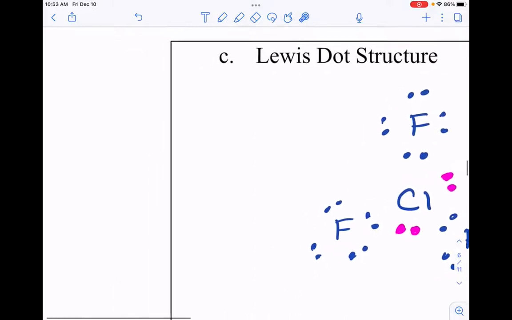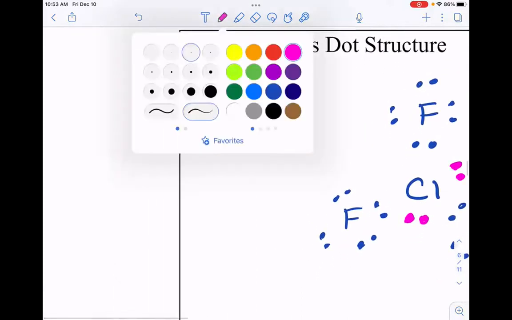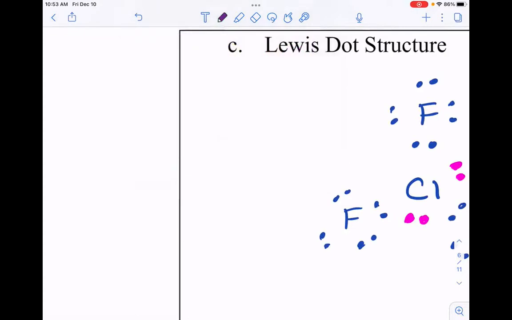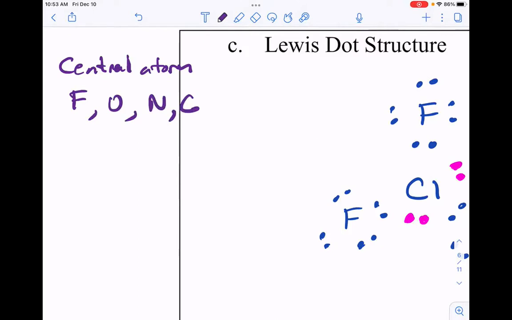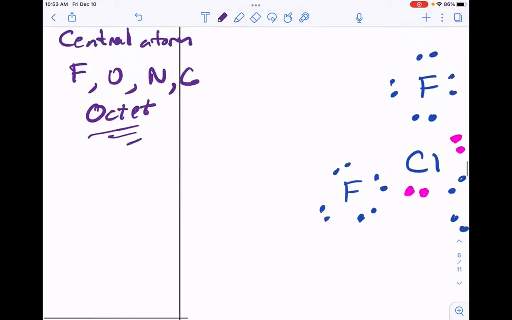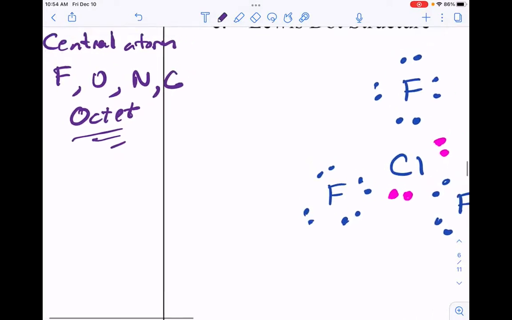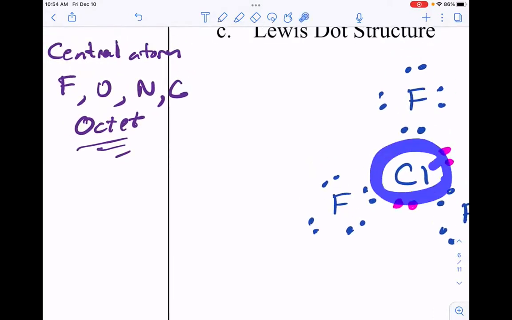I'm not too sure if your lecture professor covered this, but basically the octet rule for your central atom: if your central atom is part of FONC, so fluorine, oxygen, nitrogen, or carbon, it must follow the octet. That means if your central atom is any element outside these 4, to check your work, you need to calculate formal charges.